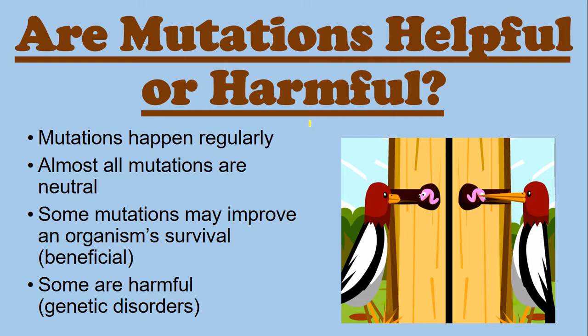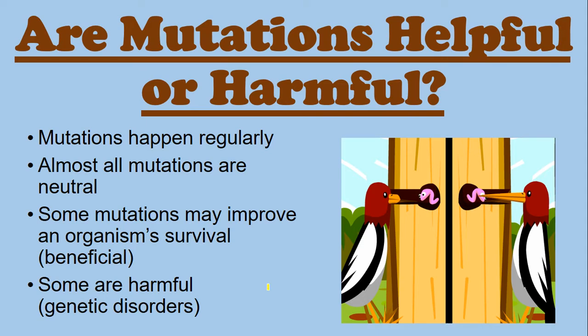Sometimes mutations can improve an organism's survival. You can see that over here. We have this bird who has a short beak trying to get this worm. This is the same bird, but it has a mutation to have a longer beak, so it can get the worm. So it was helpful to them. And sometimes it can be harmful, like genetic disorders.